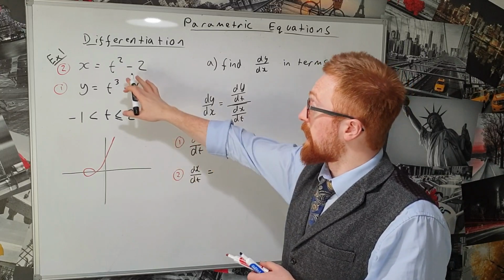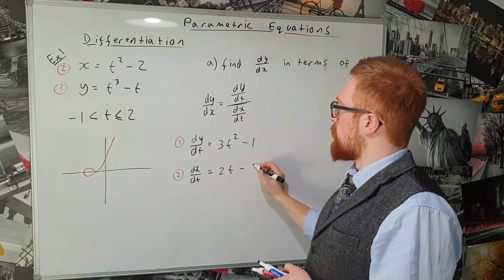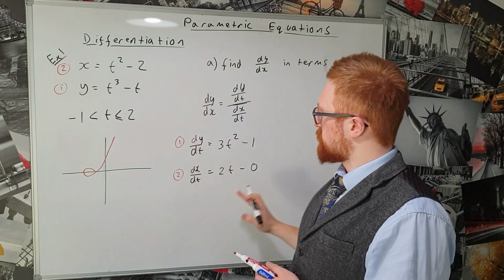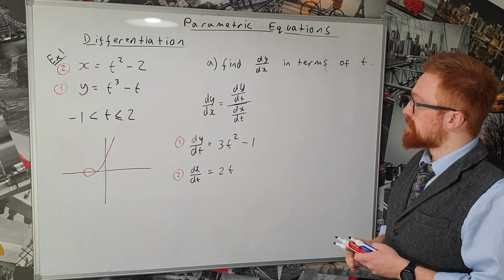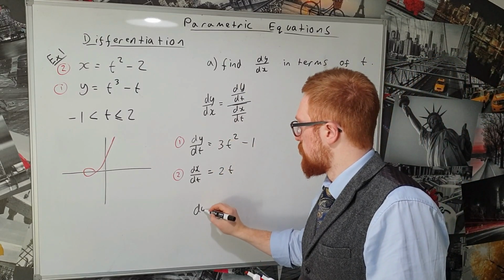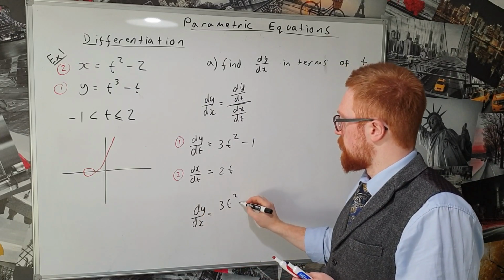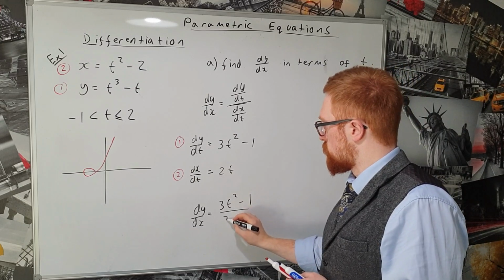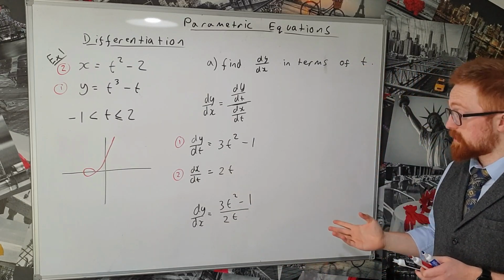And again, very simple to differentiate. We get 2t minus 0 in this case, which we don't need to write. So then our final step is to substitute these into this formula. So we get dy/dx is equal to (3t squared minus 1) over 2t. And then that's our final answer.